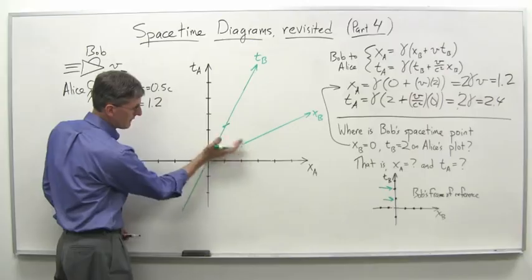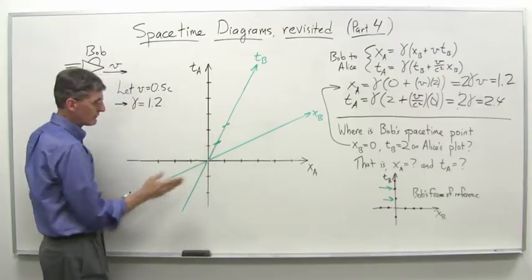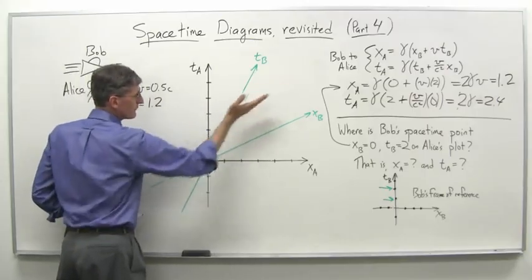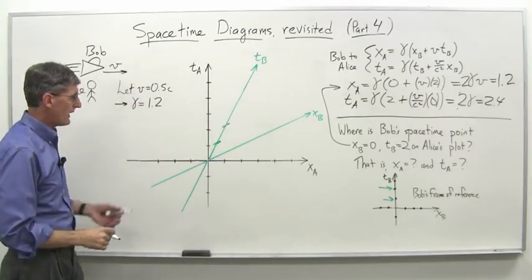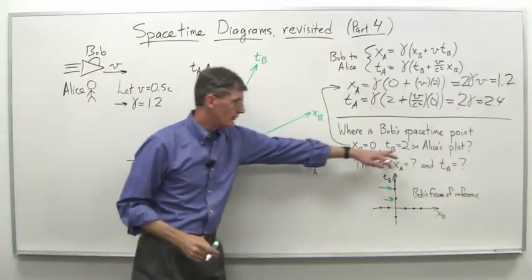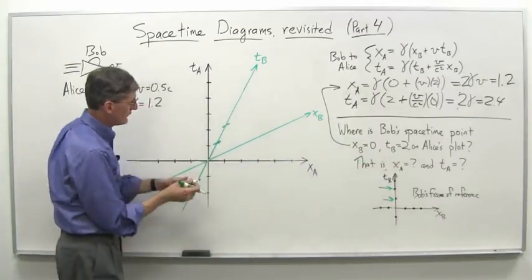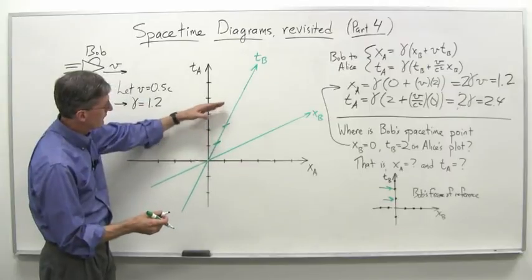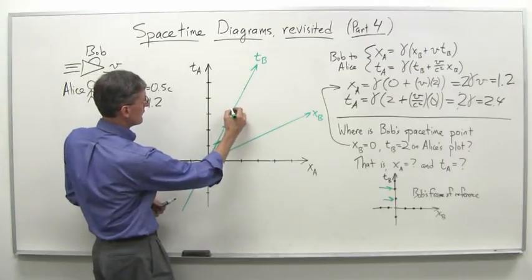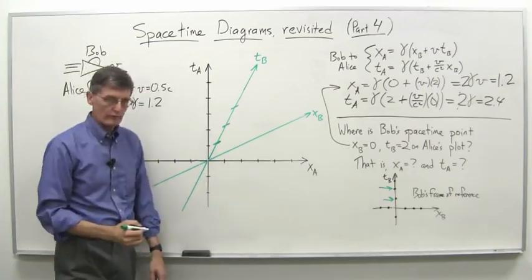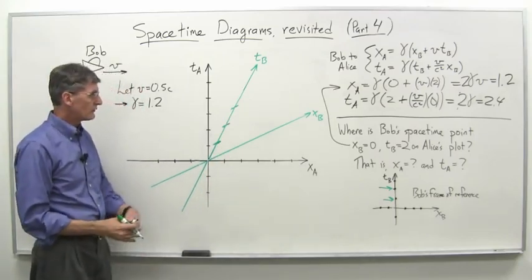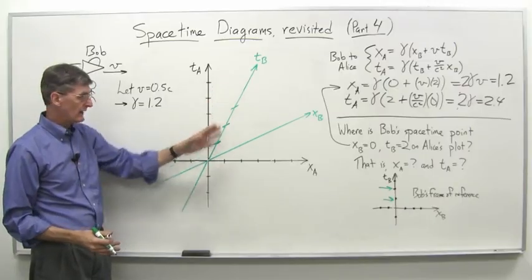Again, this tick mark is parallel to the x sub b axis because it marks out lines of simultaneity there, as we were talking about in the last video clip. And we could continue doing this. We could do t sub b equals 3 and so on and so forth. And you can see the pattern here. We got one there. The next one will be something like this, roughly speaking, and so on and so forth. Okay? So that gives us the tick marks on the t sub b axis.